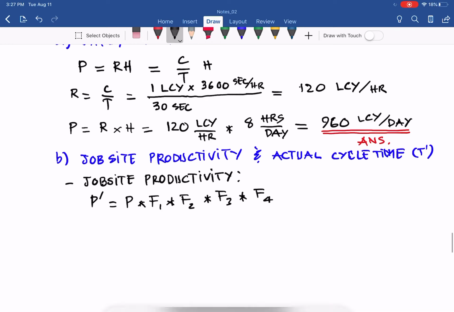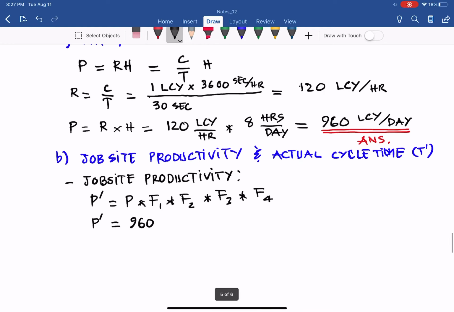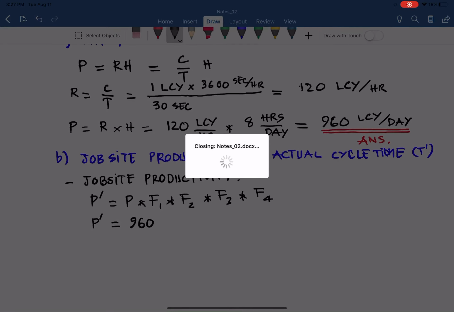So we just plug in with the adjustment: P, 960 LCY per day, times F1, which in this case is 0.954.